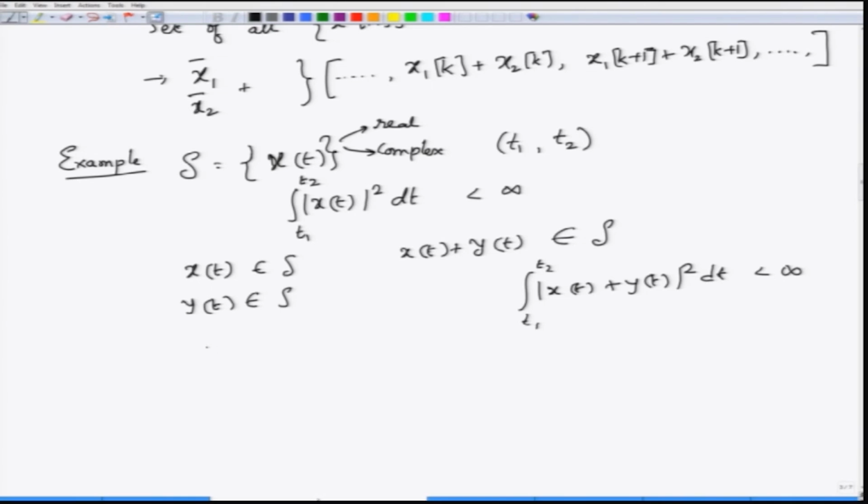Moreover, what would be the null vector here? Null vector will be 0 of t, which is defined as 0 for all time t between t1 and t2, right.